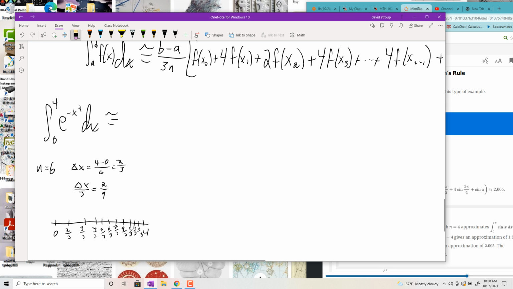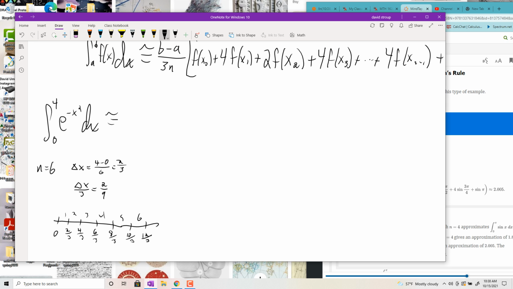Oh, the change in x is 2/3, not 1/3. So 4/3, 6/3, 8/3, 10/3, and then 12/3. So just those, and then 1, 2, 3, 4, 5.